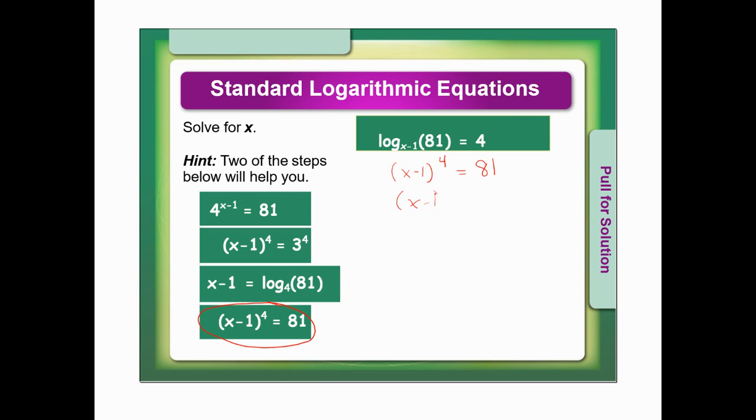So x minus 1 to the 4th equals 3 to the 4th. And instead of before having our bases being equal, right now we have our exponents being equal. So I can state x minus 1 equals the base of 3 since my exponents were the same. So now if I add 1, I get that x equals 4.